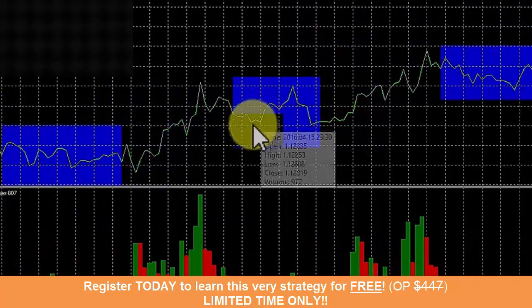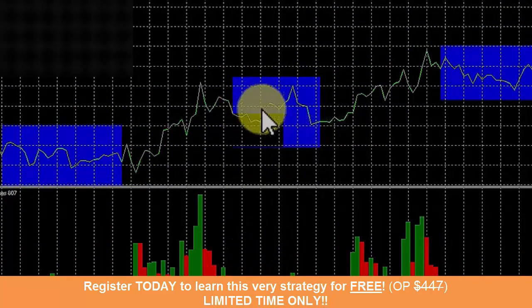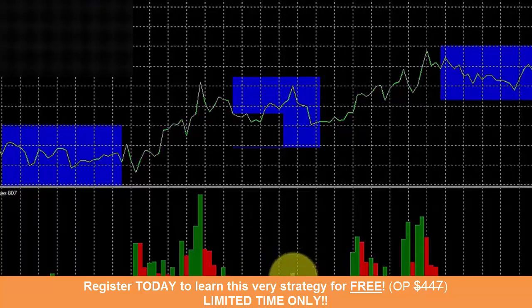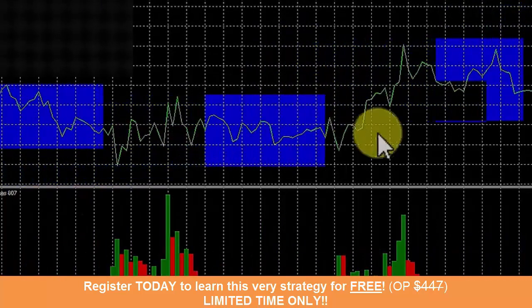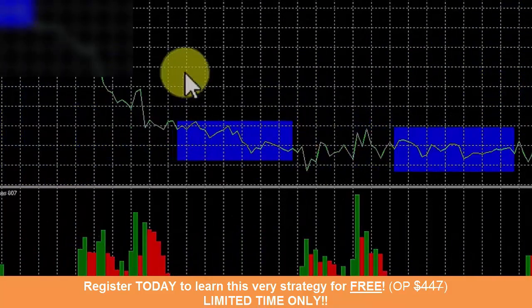This part I remember. This session is 2 mini sessions broken in half. It's between here and here. This spike in volume somewhat parted the 2 trading sessions. Here's another low volume, low volume.